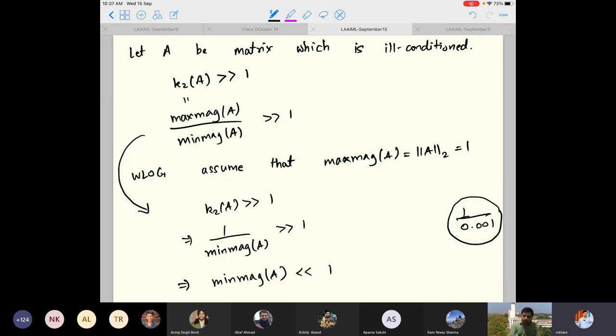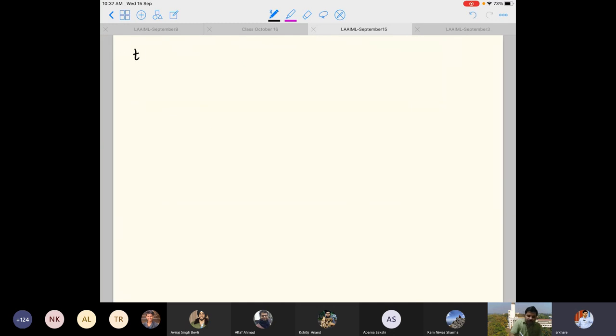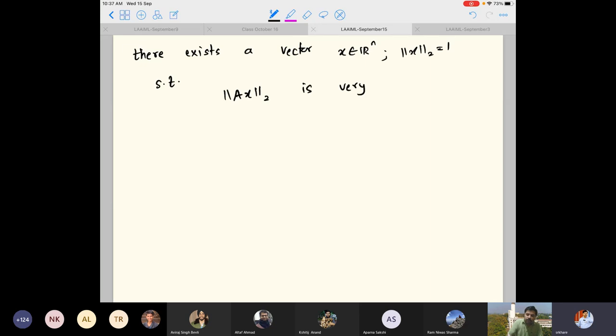Correct? So if your minimum magnification is really very close to 0, what does that mean? That means that there exists a vector x in R^n with norm of x equal to 1 such that Ax is very, very small.